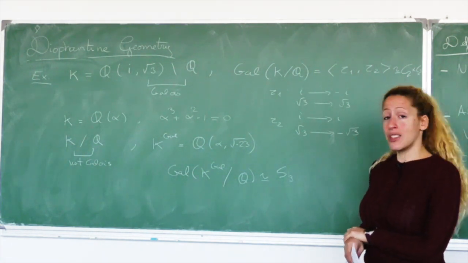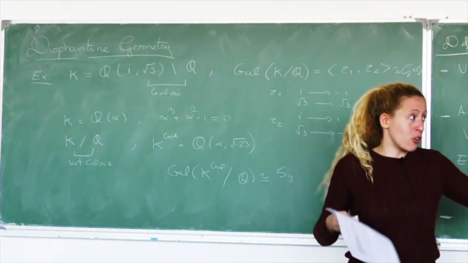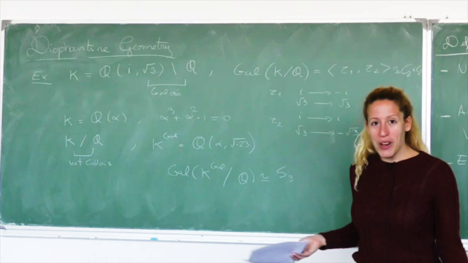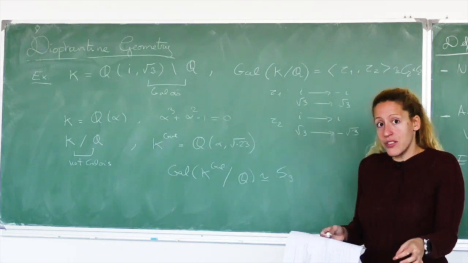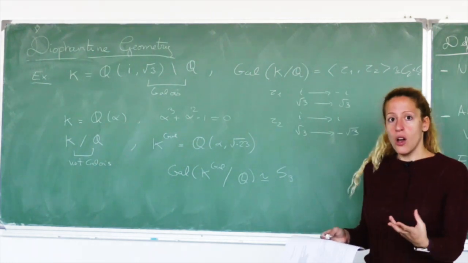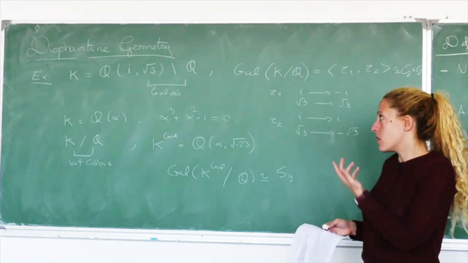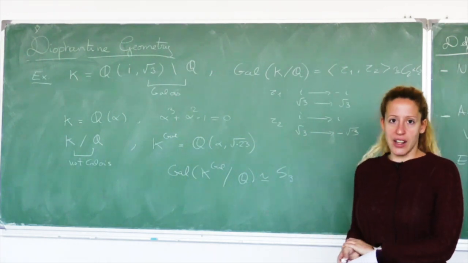The tools that Diophantine geometry uses are, first, what I'm going to define today, valuations. This is the most basic ingredient. Then in the next lecture, using those valuations, we are going to use one of the main tools in Diophantine geometry, the height.